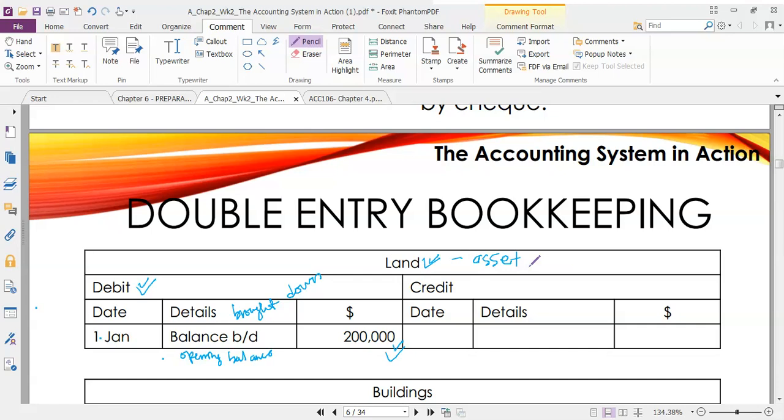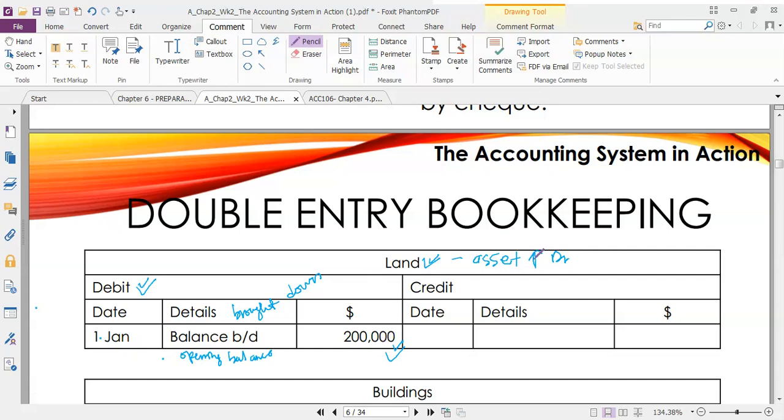Land is our asset. So if an asset is increasing, we must put it on the debit side. Why is it increasing? Because we have that amount from the previous year. On 1st January, from the previous year, we have an amount of 200,000.